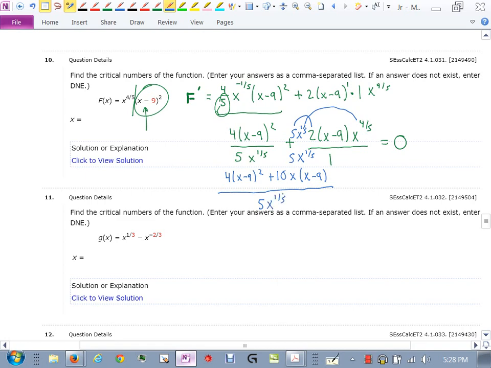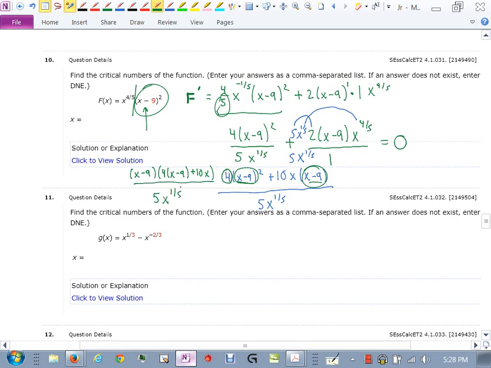Then, before I set this to 0, I'm going to notice I have an x minus 9 here and x minus 9 here, so I'm going to factor one out. I'll be left with a 4 here, and then one of these x minus 9s, so I have a 4 times x minus 9. And then when I factored out the x minus 9 here, I'll be left with a plus 10x. And then all of that over 5x to the 1/5.